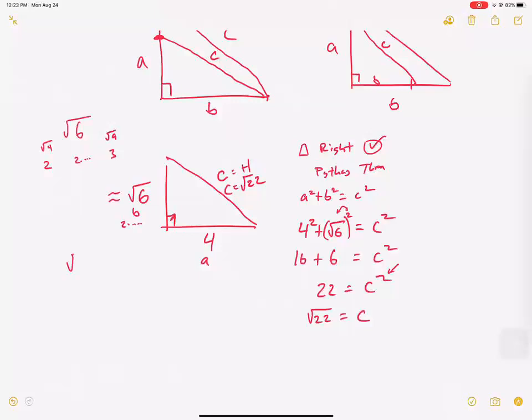Square root of 22 is between the square root of 25 and the square root of 16, so that's going to be between 4 and 5, so this is 4 point something. So is my hypotenuse bigger than my other two legs? Yeah, even though it's a tiny bit.